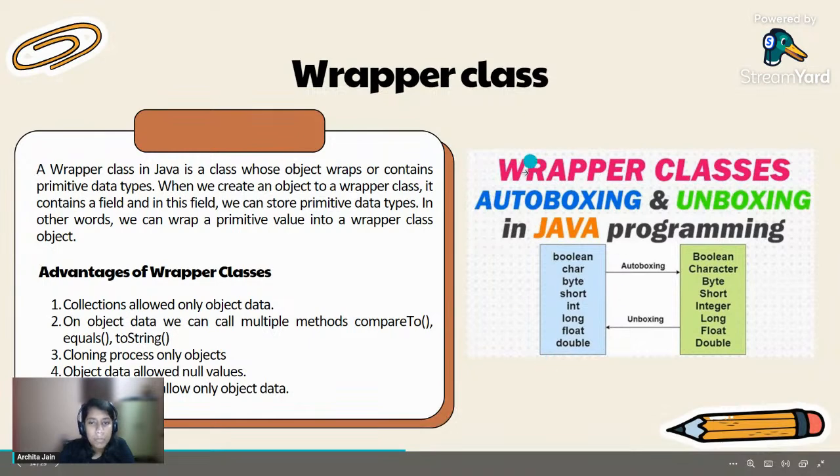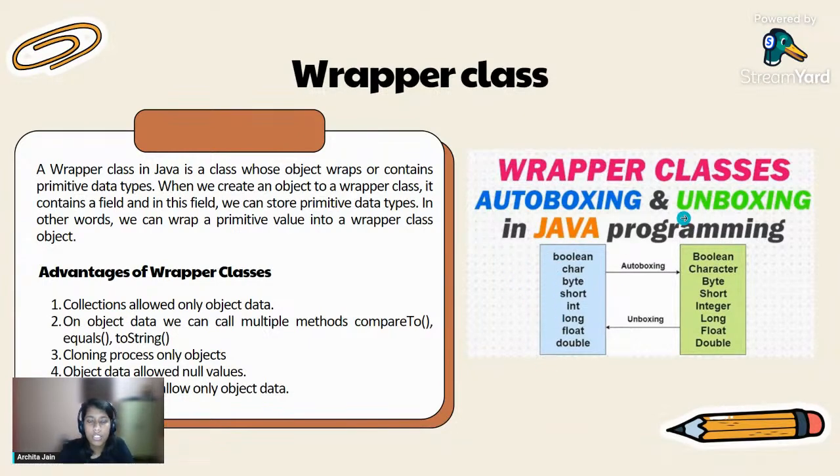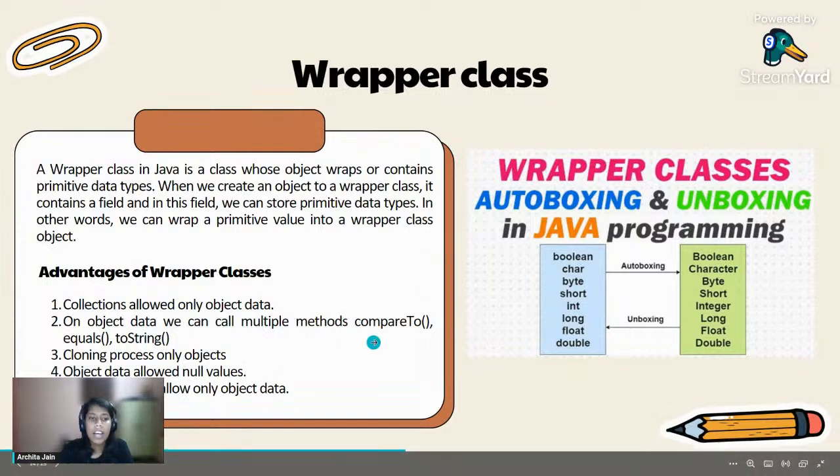So these are being converted into objects. What are the advantages of wrapper classes? Collections allow only object data, cloning is also very helpful in wrapper classes, and serialization can also be allowed only for object data.